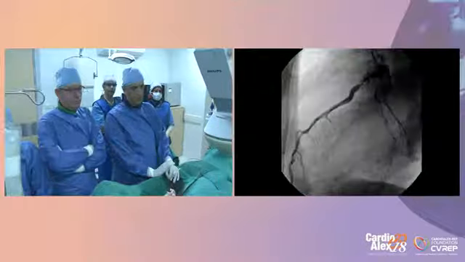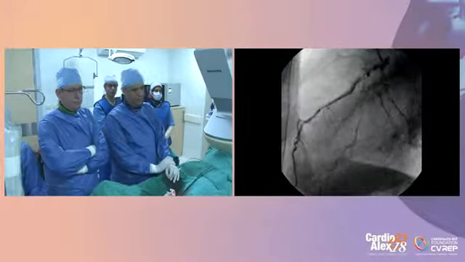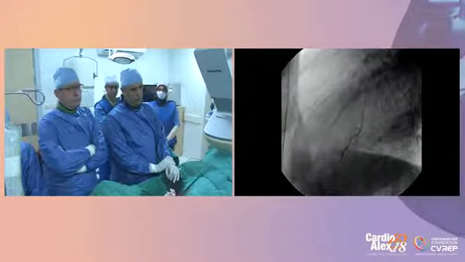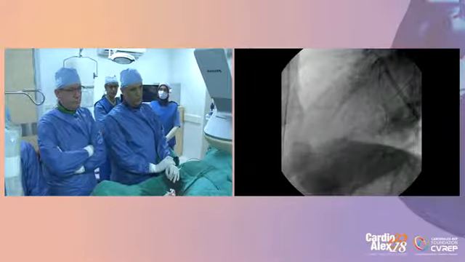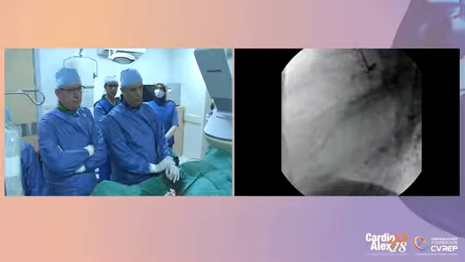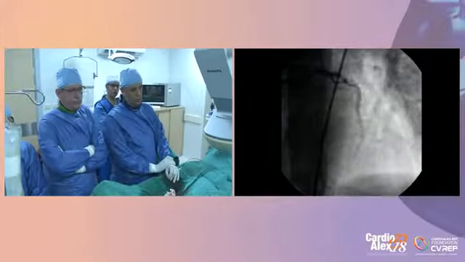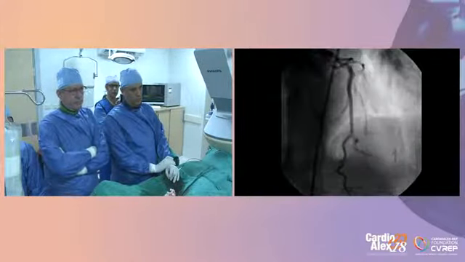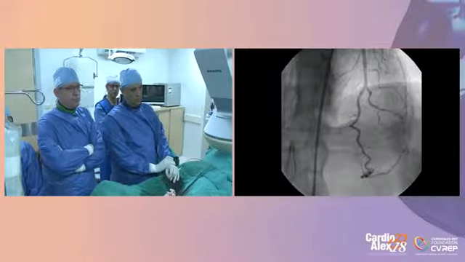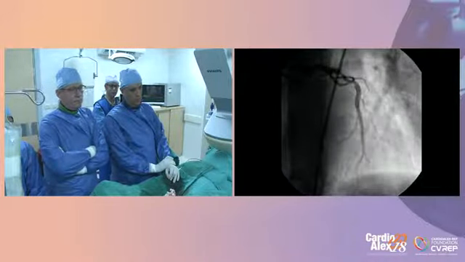Coronary angiography revealed a long, tight, eccentric lesion in the LAD, and proximal total occlusion of the ramus intermedius receiving collaterals from the left anterior descending artery.